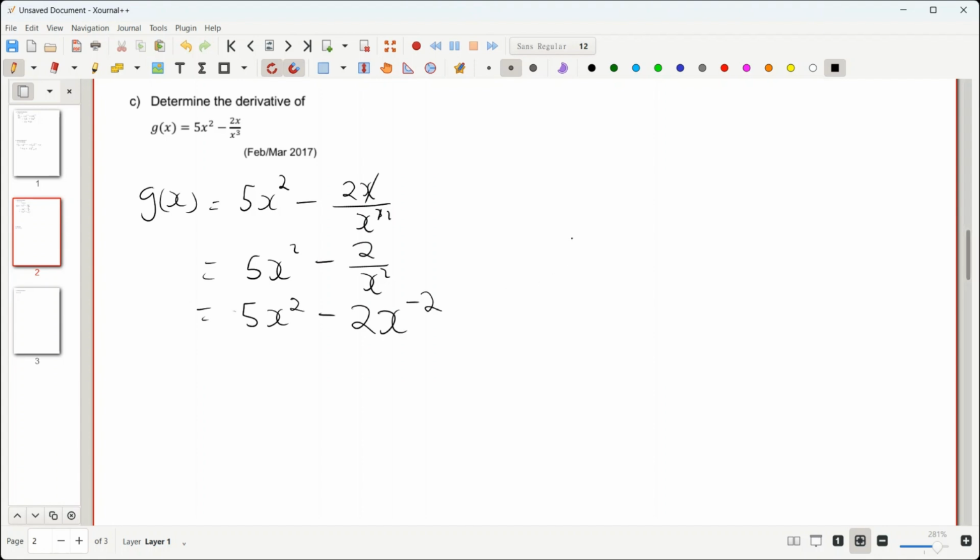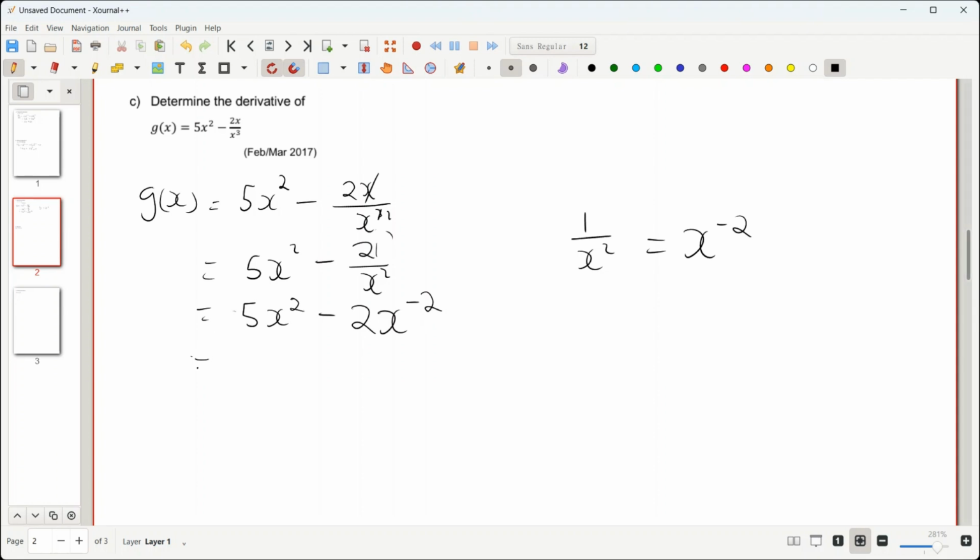This is from the exponential law: 1 over x squared is the same as x to the power negative 2. So we converted it to 5x squared minus 2x to the power negative 2.